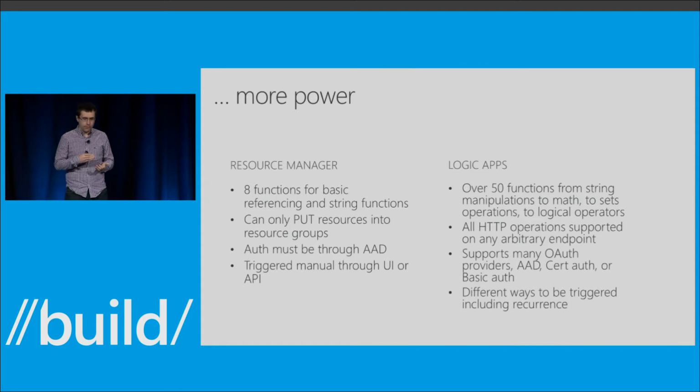So we added various authentication mechanisms like basic auth, client certificate auth, OAuth. So if you have a JSON REST-based endpoint right now, most likely you can use it within the Logic Apps engine already without any modifications.